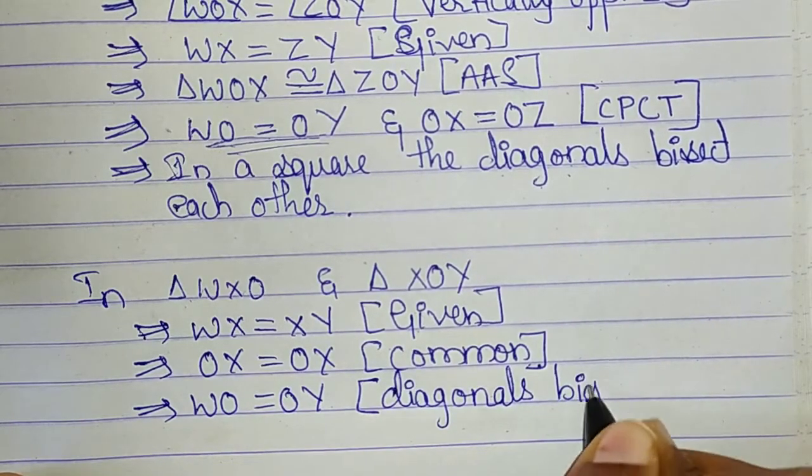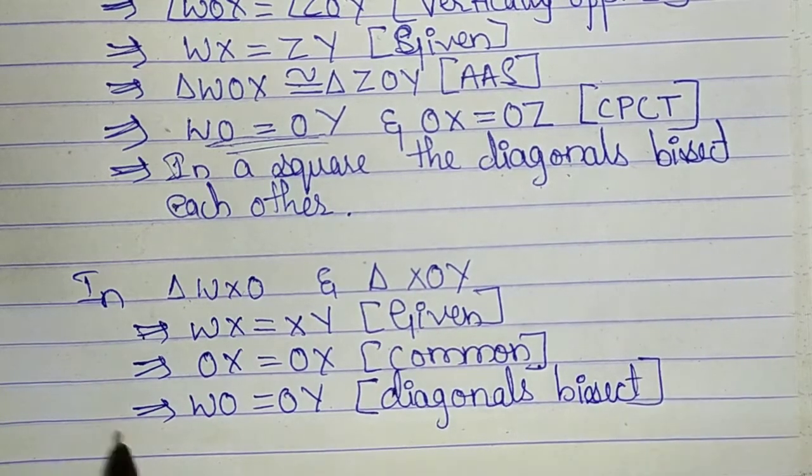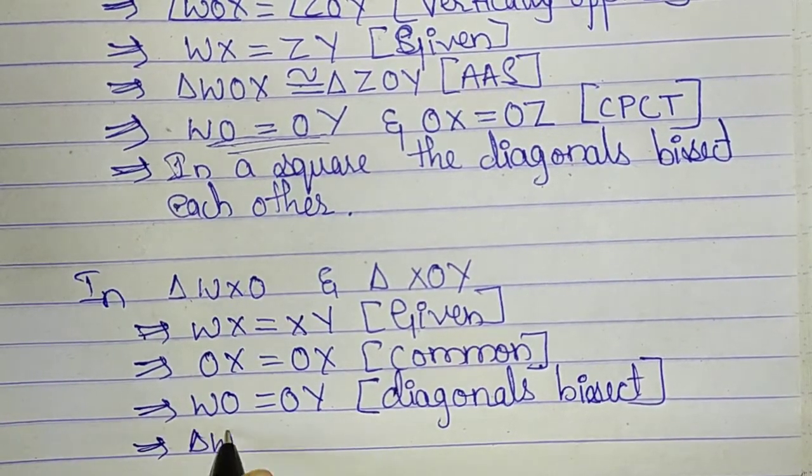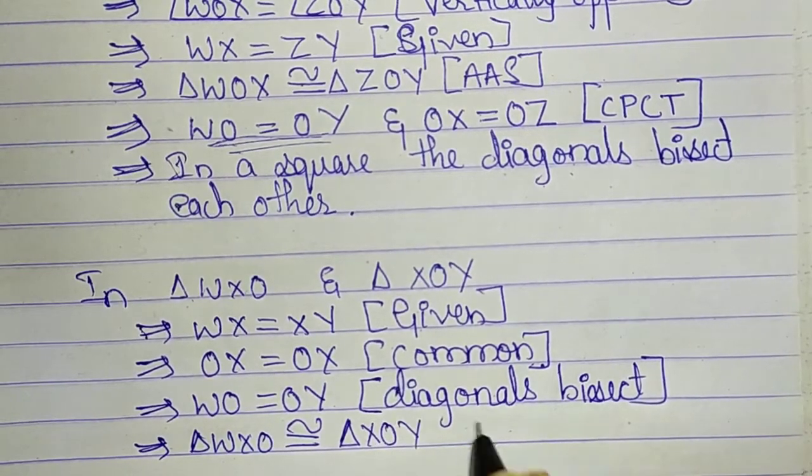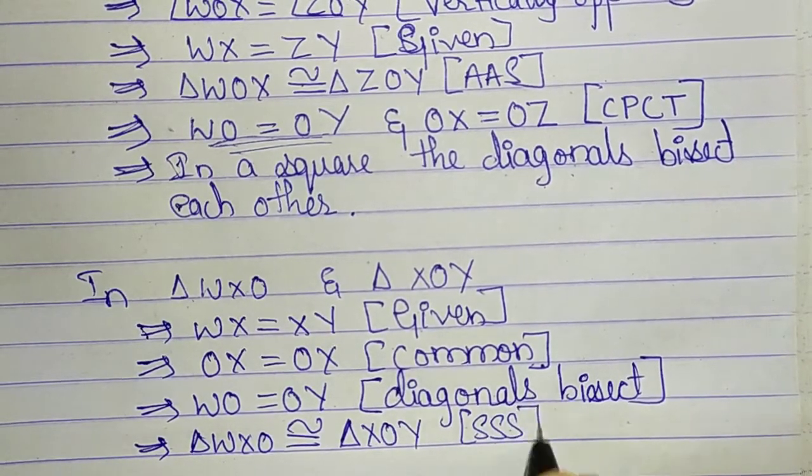So this implies triangle WXO is congruent to triangle XOY by SSS criteria.